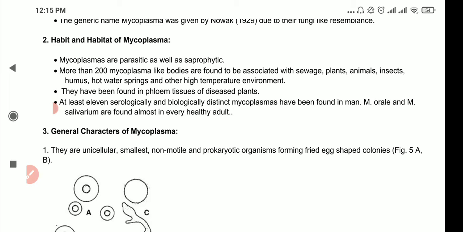And in humans also, we find them: at least 11 different types of mycoplasmas. Mycoplasma orale, Mycoplasma salivarium, and this is found in every adult. Even I have this one in my saliva, and you also have Mycoplasma salivarium.